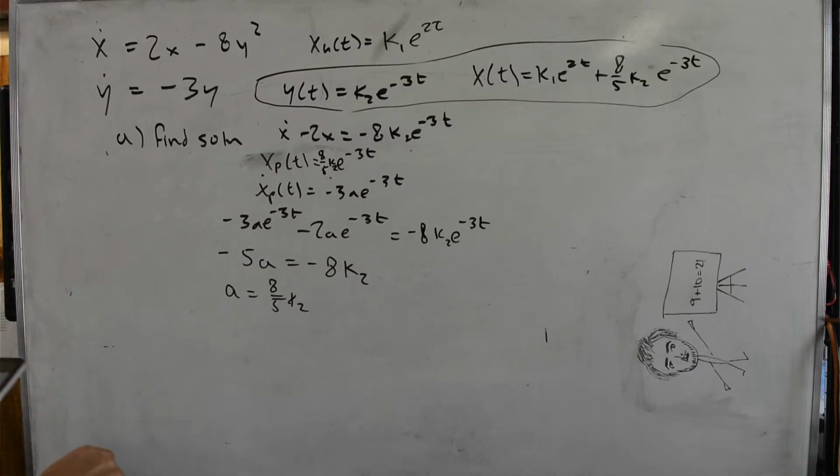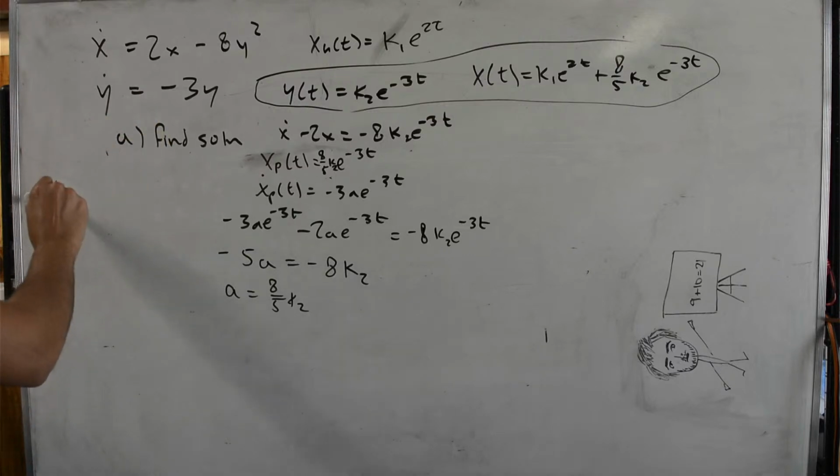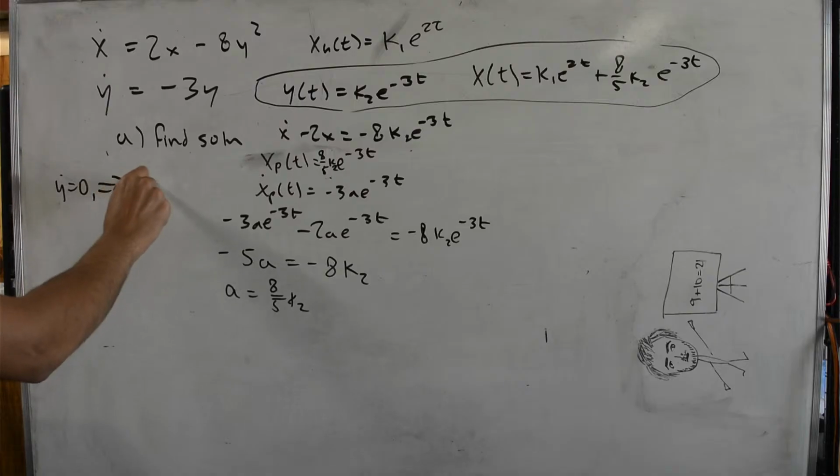Oh, okay, find the equilibrium points. All right, so the equilibrium points are actually pretty easy because the only way that this system is at equilibrium is if y dot equals 0, and if y dot equals 0, then that implies that y is equal to 0.